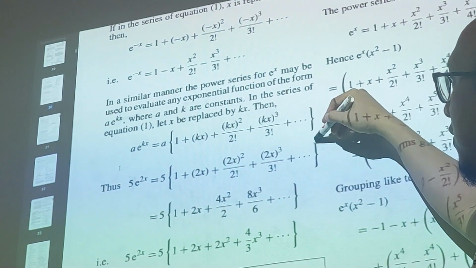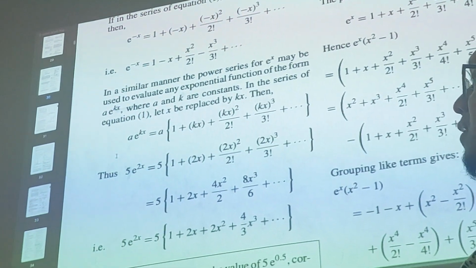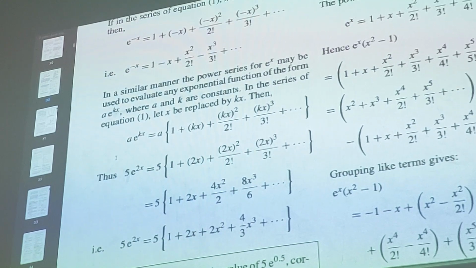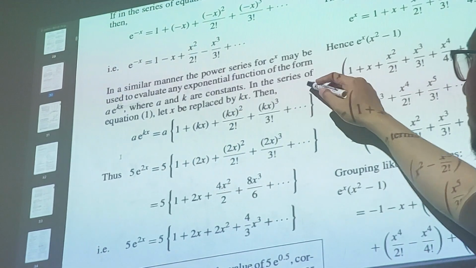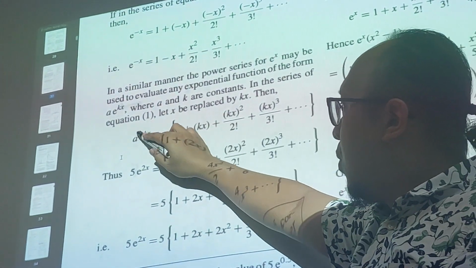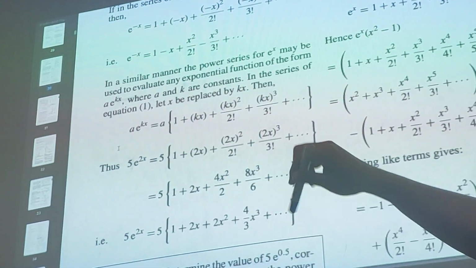You can give a big parenthesis group for the basic function of e to the power of kx.